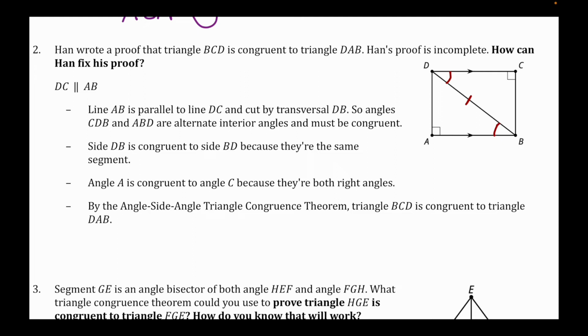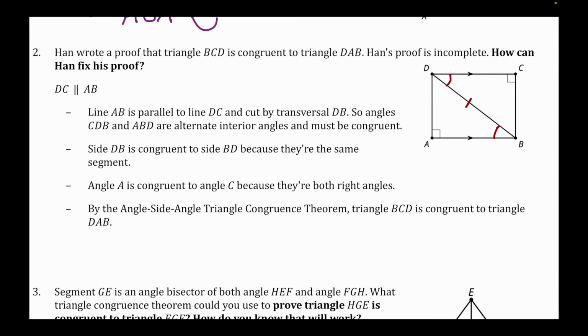Yes, if they're both marked on here as right angles, all right angles are going to be congruent. So this is good, this is good. A and C are congruent, so that works. Maybe we'll just highlight them to show that we checked it.